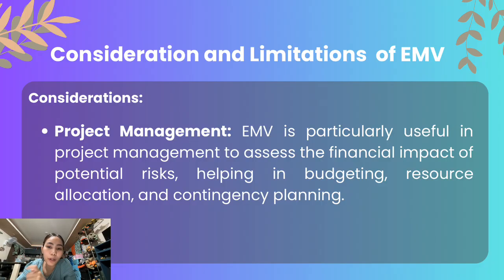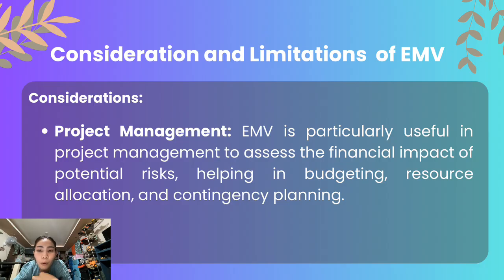So, an example for this is that there is a 10% chance of delay costing 200,000, and a 30% chance of additional supplier cost of 50,000. To calculate it, the delay EMV would be negative 20,000, while the supplier EMV would be 0.3 multiplied by 50,000, which would result in negative 15,000.